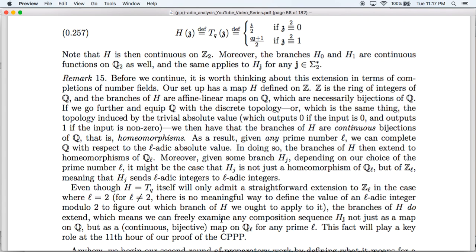Hj is not just a homeomorphism of QL, but is a homeomorphism of ZL, meaning that Hj sends L-adic integers to L-adic integers.